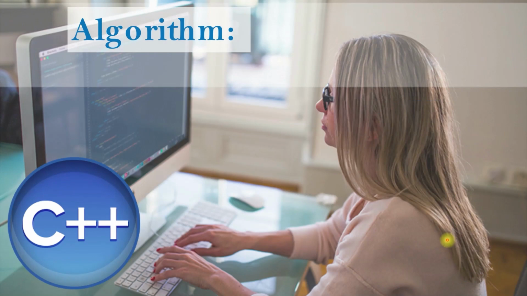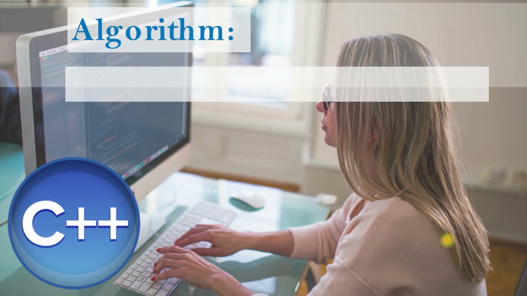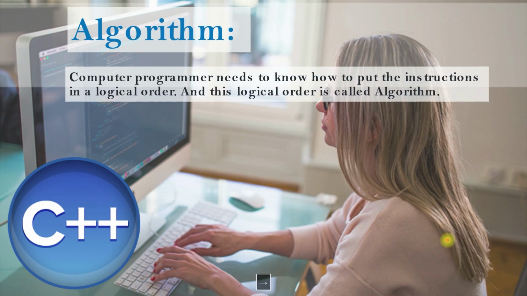Algorithm. Look, the next thing which is so important among the terms of programming is algorithm. Computer programmers need to know how to put the instructions in a logical order, and this logical order is called algorithm.